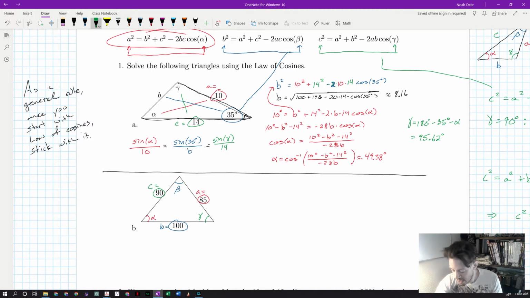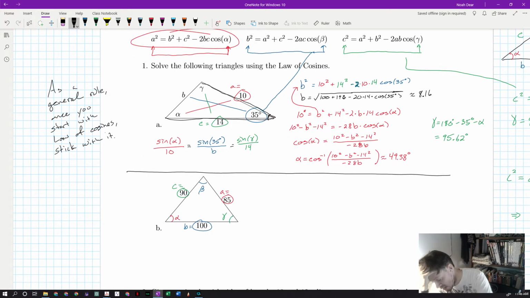So again, law of sines will not work here because I don't have any of the angles. Law of sines requires that we have at least one angle in order for us to get anywhere, so that we have at least one equation where there's both things known, the angle and the side. That's something that we're going to be making a big key of later.